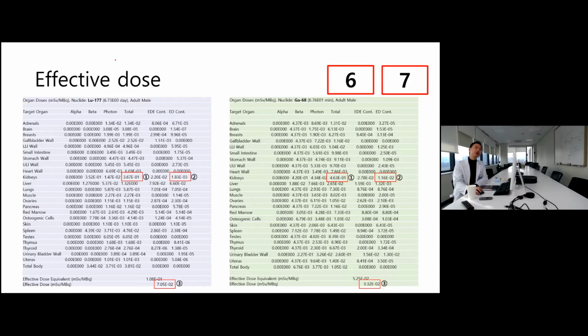And in the therapeutic agent, not meeting such a deterministic effect is actually more important than reducing the effective dose.